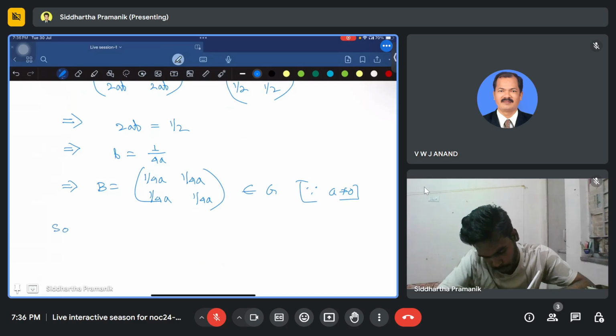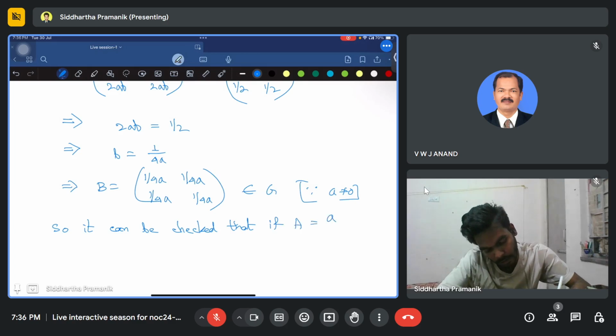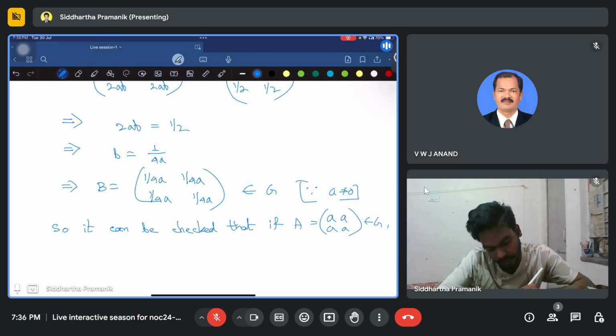So it can be checked that if the element A belongs to G, then A inverse would be the same as 1 by 4A in all four coordinates.